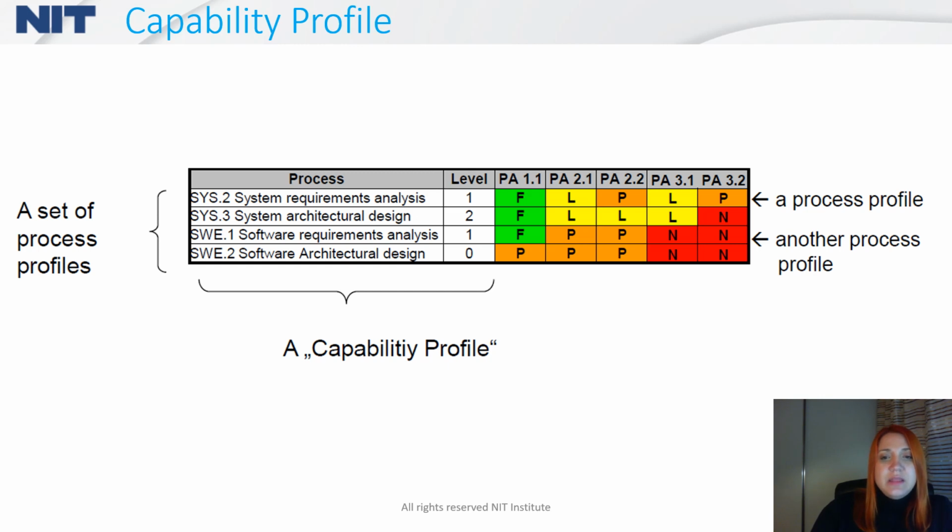For example, in this picture, we have 4 of them, and each of them has some rating. In this example, we have 4 processes which have separate levels: 1, 2, 1, and 0. It means that this will form a capability profile. The profile for each of the processes is called a process profile.